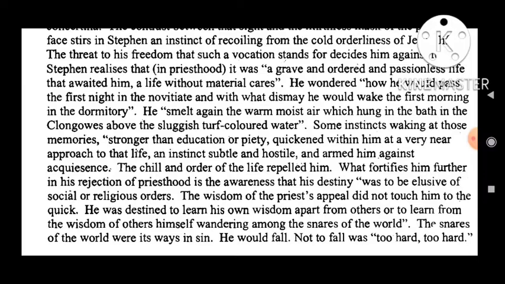Stephen realizes that in priesthood it was a grave and ordered and passionless life that awaited him, a life without material cares. He wondered how he would pass the first night in the novitiate and with what dismay he would make the first morning in the dormitory.